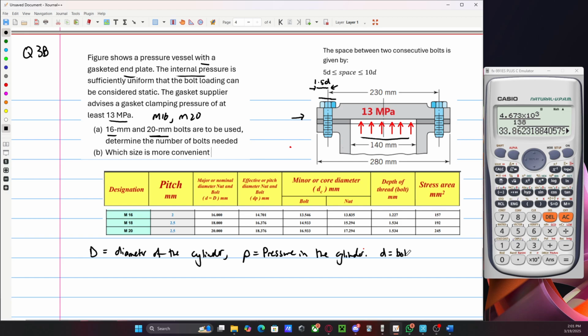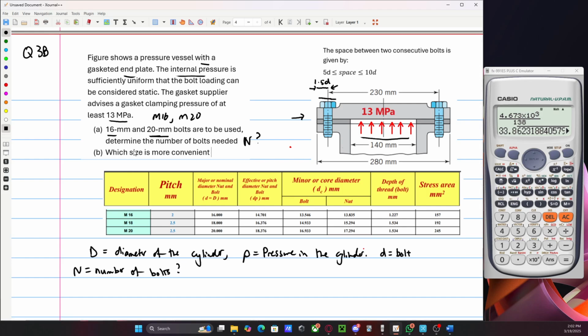After that, we're trying to work out N, the number of bolts.